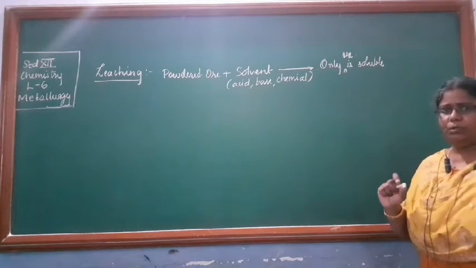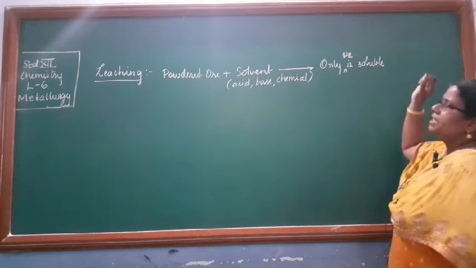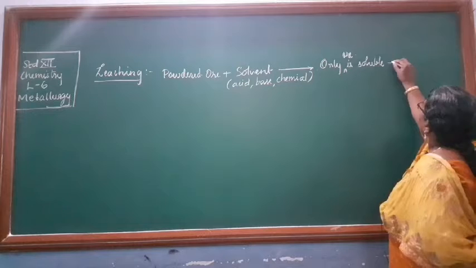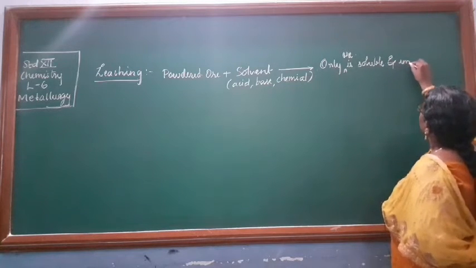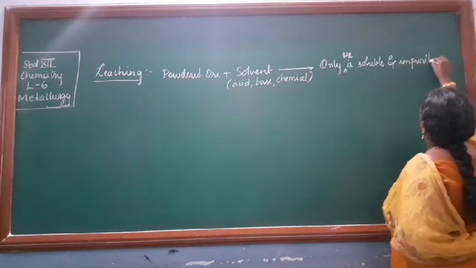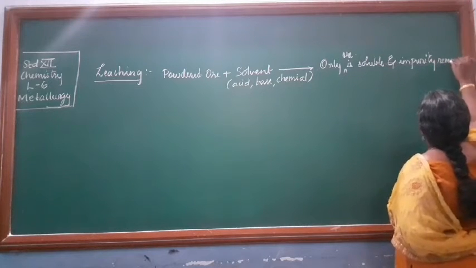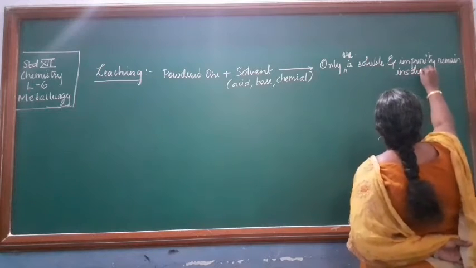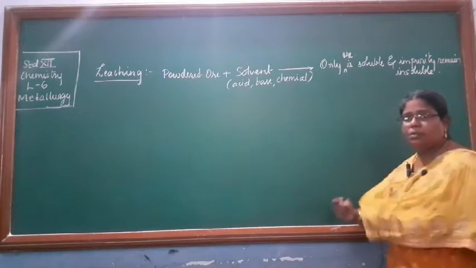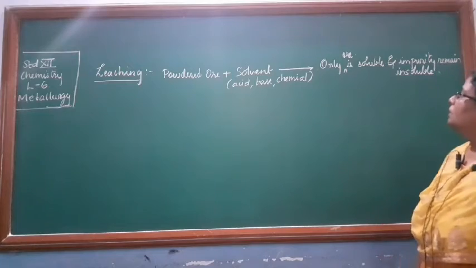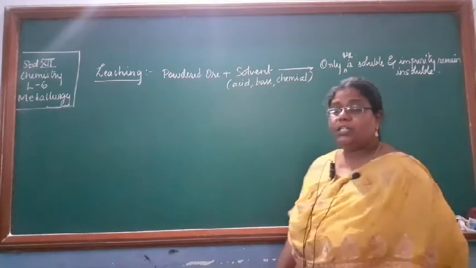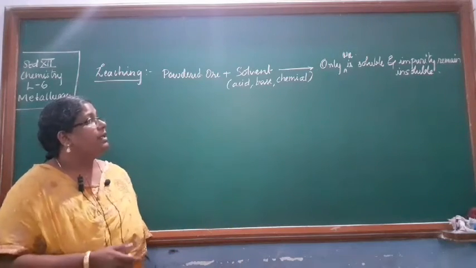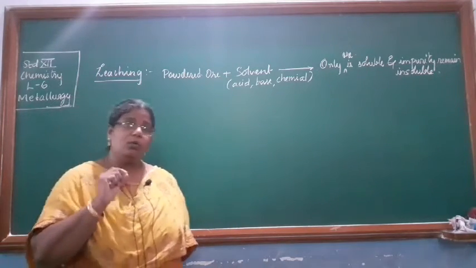Yeah, it has a selective solubility. The ore will be soluble while impurities remain insoluble. Okay, only the ore is soluble and impurities remain insoluble. ठीक है, तो इसमें क्या हो जाता है, the impurities will be insoluble, they will be filtered out, and what you obtain contains the metal ore only.